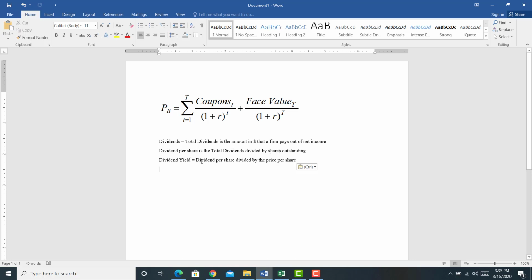And the dividend yield is equal to the dividend per share divided by the price per share. So make sure you understand the difference: when I say dividends, I may mean the total amount of dividends. When I say dividend per share, I mean the total dividends divided by the shares outstanding. And when I talk about the dividend yield, I'm talking about the dividend per share divided by the price per share. Okay.